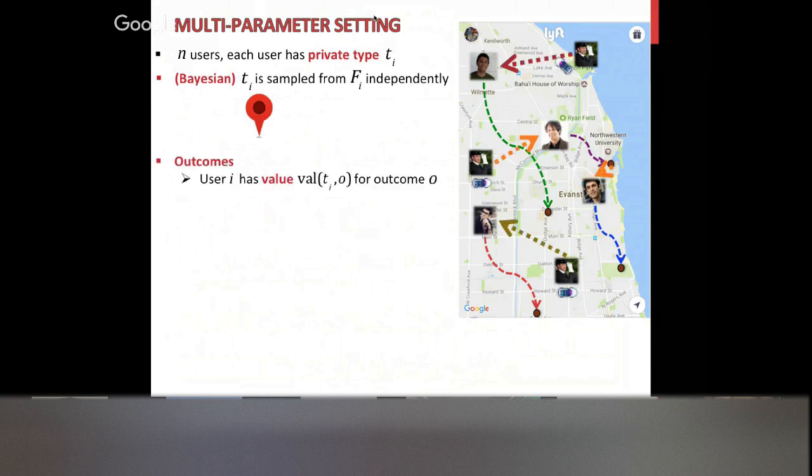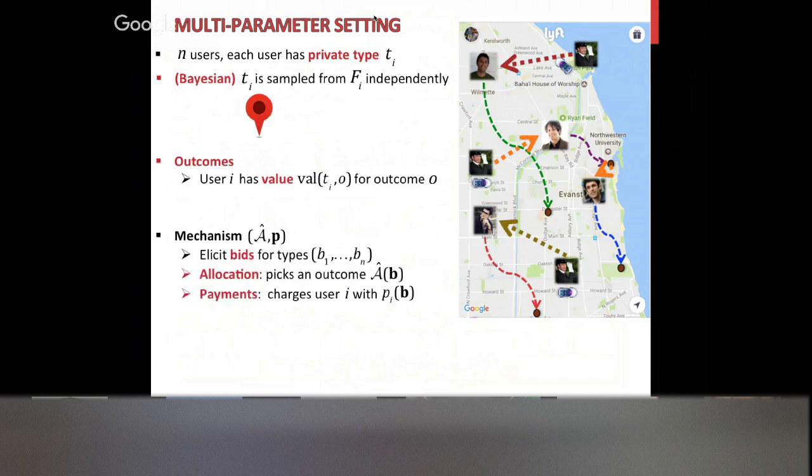And we have a set of outcomes, I call it the outcome space. Then for each outcome, depending on the agent's type, it gets some value. This value function is a fixed function, val. You just plug in a type and an outcome, and you get some number. You're assuming F_i is known. The F_i's are known by the auctioneer. This is the Bayesian assumption, right?